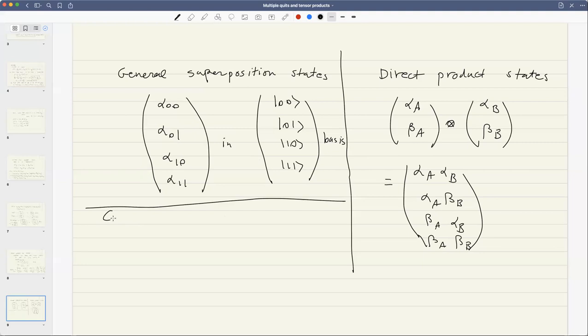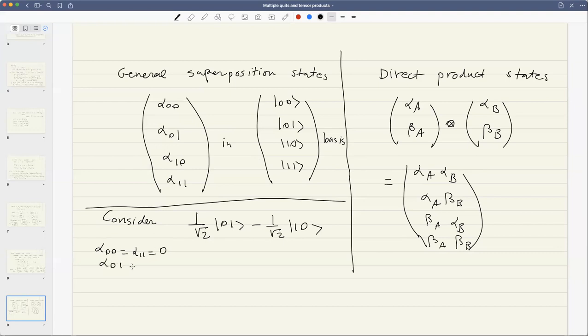So consider the state, let's say, square root of 2, 0, 1, minus square root of 2, 1, 0. So that's a state where alpha 0,0 is equal to alpha 1,1 is equal to 0.